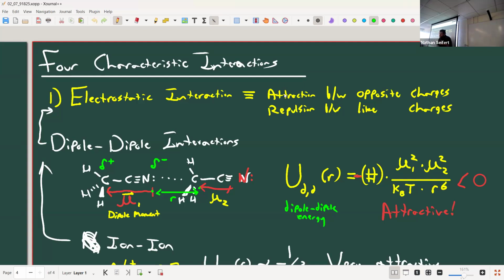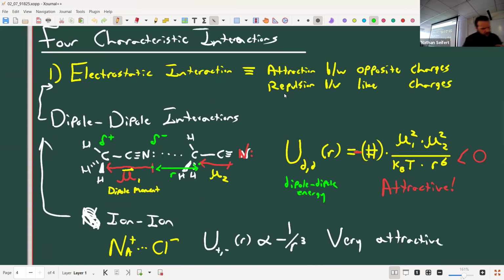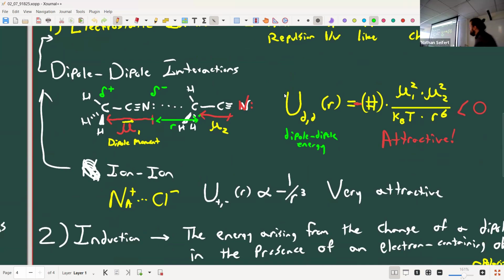Another really obvious continuation of the dipole-dipole interaction is ion-ion. If you have ions that truly have positive and negative charges interacting, it's very clear they want to be close together. That's a really, really strong interaction. It goes as 1 over r, so it decays much more slowly than dipole-dipole.